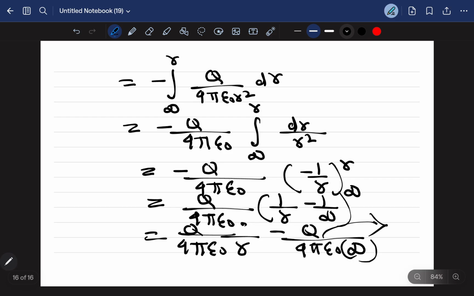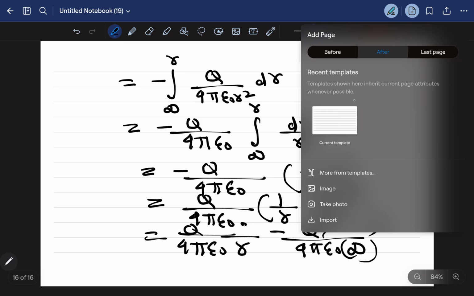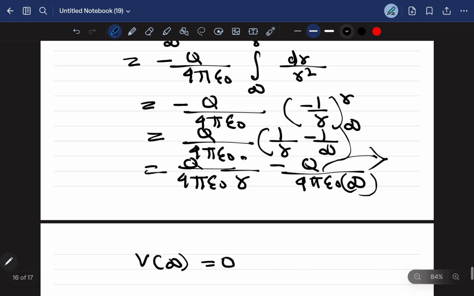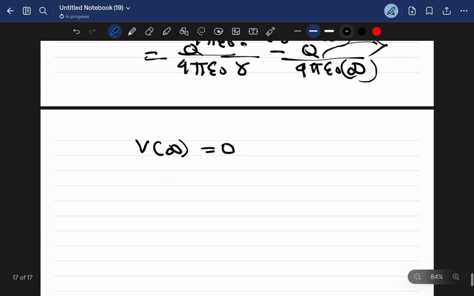We consider V at infinity equal to 0, and from here you can also see that this term evaluates to 0, since some finite value divided by infinity always gives 0.